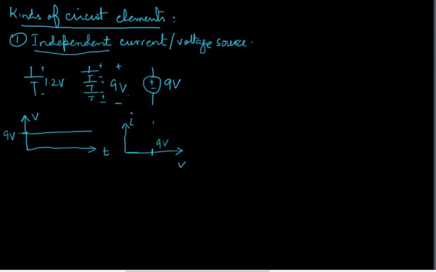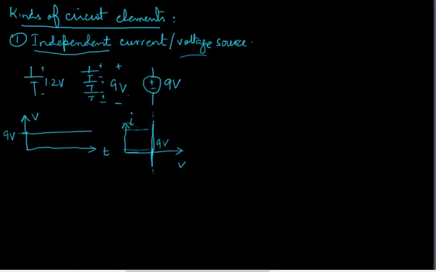And on the VI graph, the voltage current graph, a 9 volt source is going to look like a vertical line going up and down. And this graph tells us that an independent voltage source is always going to give you 9 volts regardless of how much or how little current it's delivering.